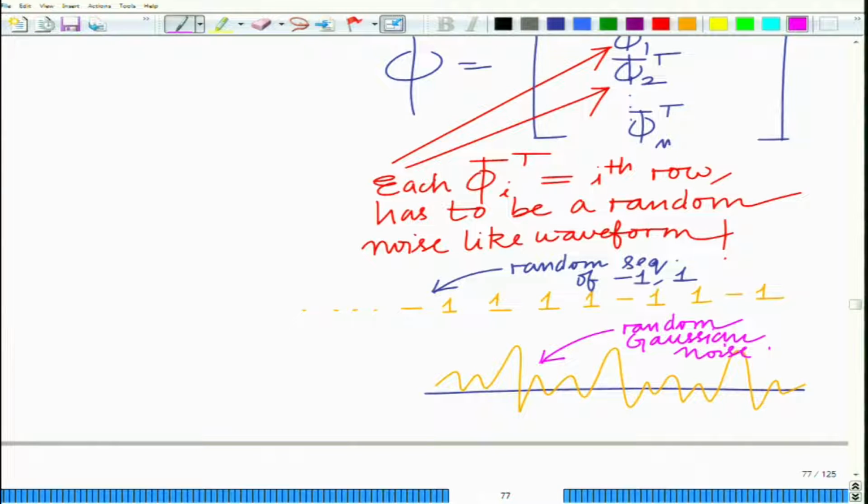So, each row, that is the ith row phi i bar transpose of the sensing matrix phi, has to look purely like noise. The matrix phi cannot look like an identity matrix, 1 followed by 0, 0, 1, zeros. Each row has to look like an independent realization of the noise waveforms.